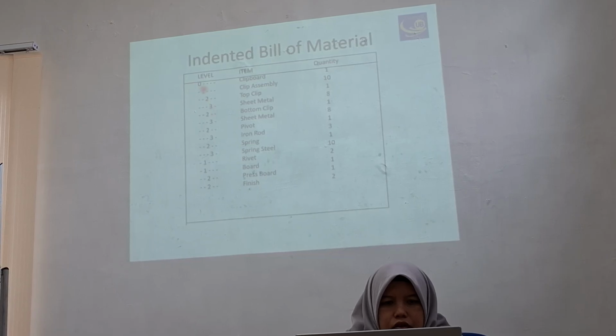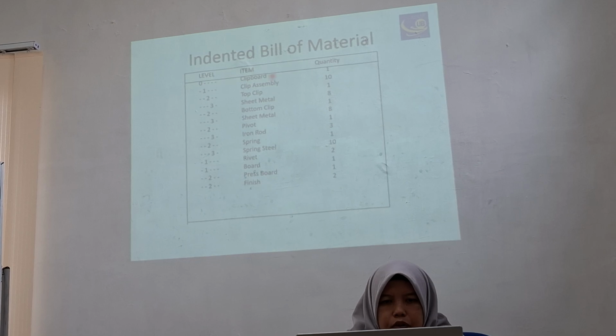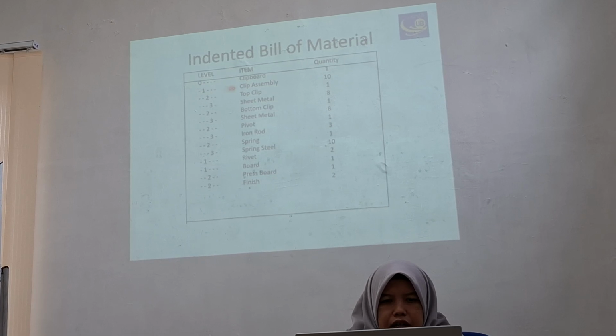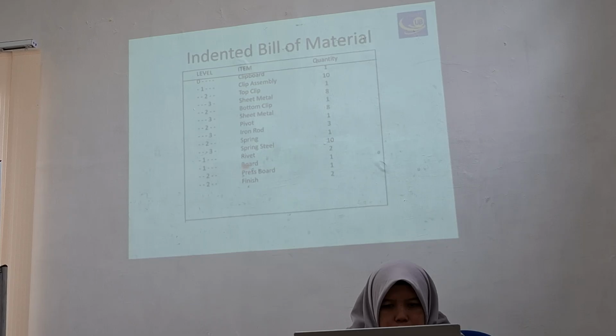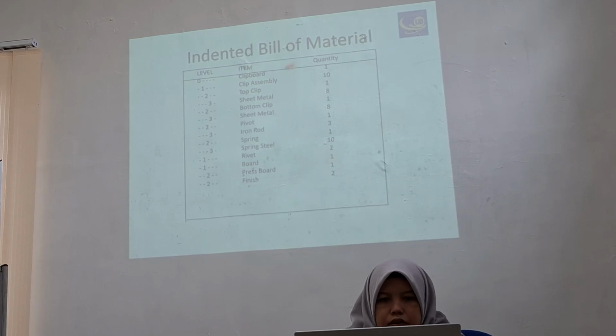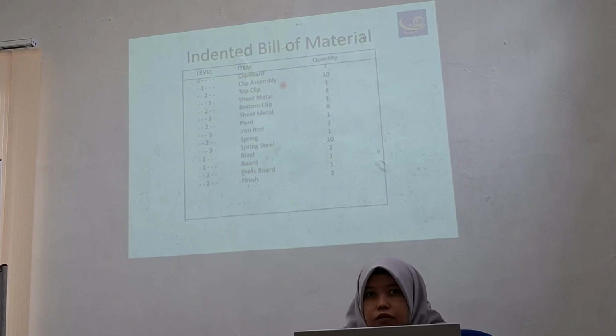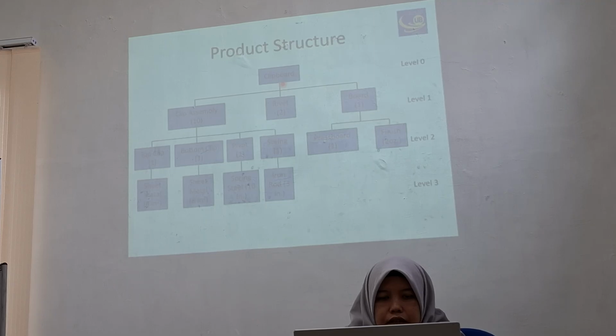Level 0 is for the finished product, the clipboard, quantity one. Level 1 has clip assembly 10, refill 2, and lastly board 1. This is the same information as the previous slide.